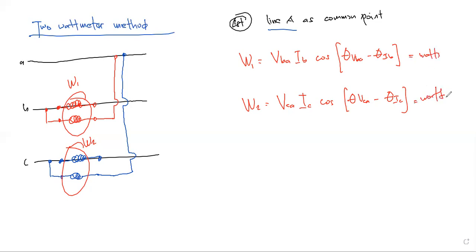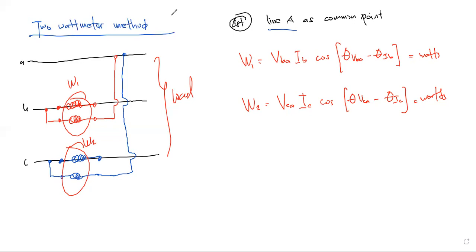Okay, so later on we'll try to identify how we also obtain the reading of the power drawn by the three-phase load, assuming you have a three-phase load. So how do we obtain the power drawn by the three-phase load using two wattmeters?